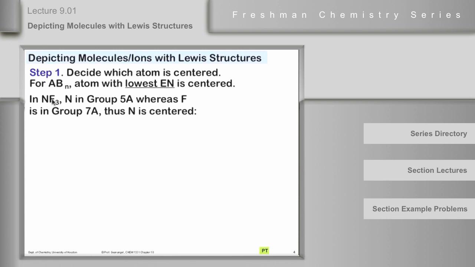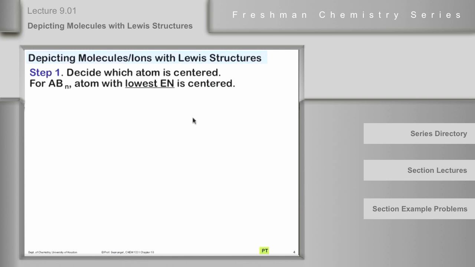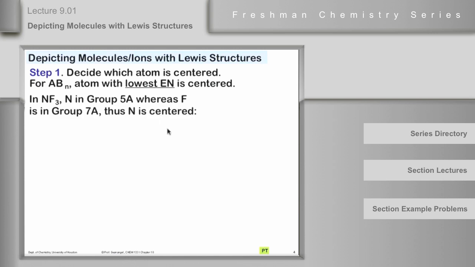And in the case of NF3, this is pretty obvious. If we compare nitrogen's position in the table here to fluorine's position over here, it's 2 steps to the right, so fluorine has a higher electronegativity, and nitrogen should be the centered atom. Okay? So what we do then is write nitrogen in the center and write the fluorines around it like this.